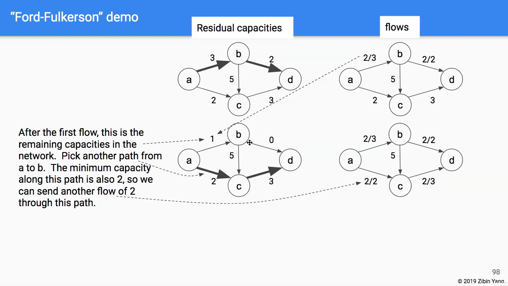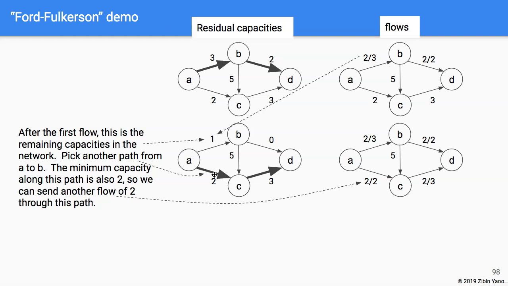Okay, so this is the updated residual capacities, and now we'll repeat the algorithm and pick another path through the network from A to D. So this time we pick this path, and again we look at the minimum capacity along the path, or the maximum allowable flow, and that would be again 2, right?